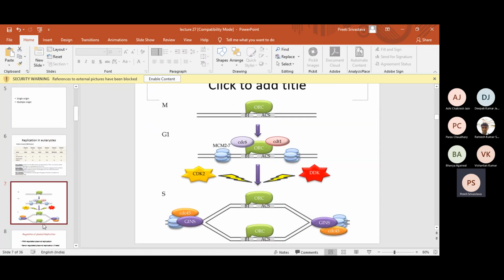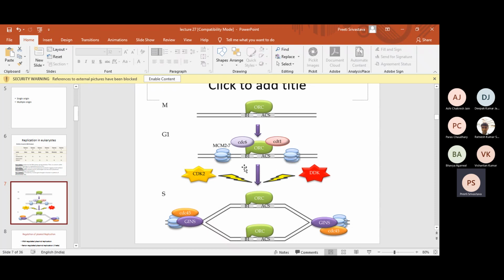The proteins are very different. For eukaryotes there is something called ORC, the origin recognition complex. The reason I wanted to show you is that the nomenclature of the proteins is different, but the functioning is similar. So here also the origin is AT-rich.